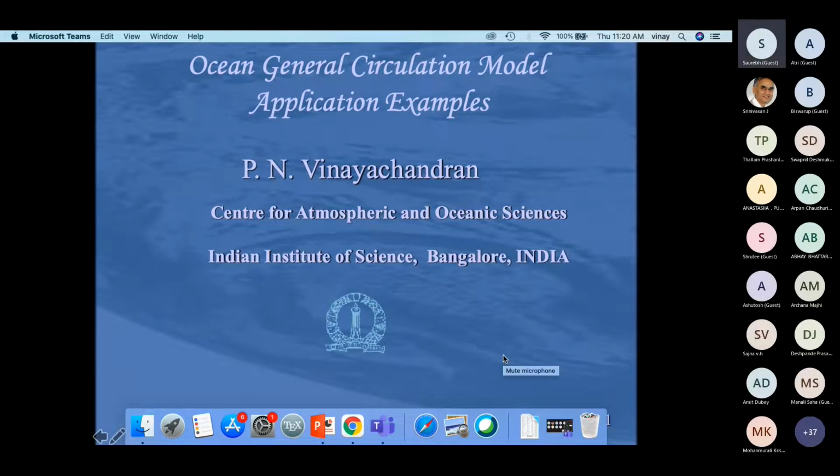Because those models are readily available, ocean modeling has acquired quite a bit of popularity in terms of its applications. Once you have an idea of what to do with the model, it's possible to download it, install it, and set it up on your computer, make changes to it, and do experiments so that you can learn about oceanography and ocean processes, like the question which somebody asked just now, biological impact on oceans, and so on.